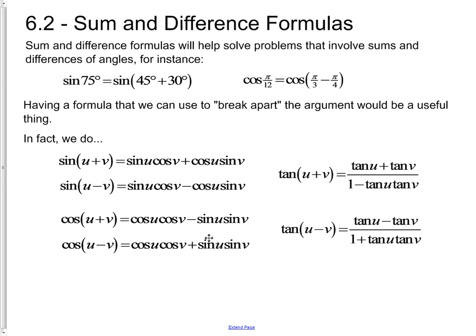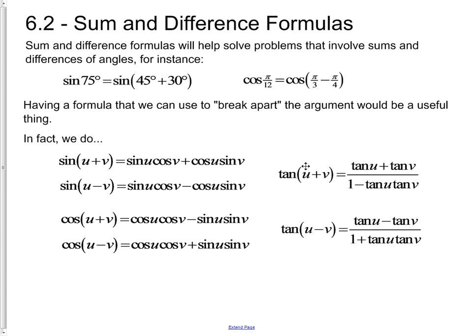And it would be really helpful, if there are no other identities that you will memorize, to try to memorize these functions right here, because this will be really useful to you when we develop a few other formulas in the upcoming section. The other ones are tangent of u plus v and tangent of u minus v.